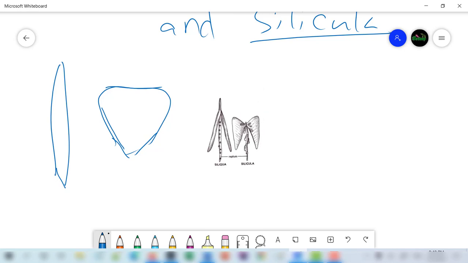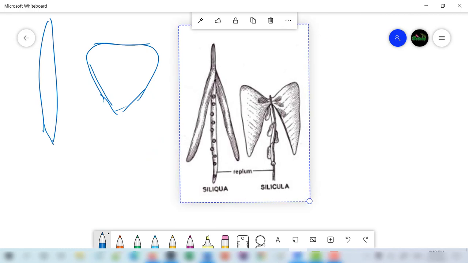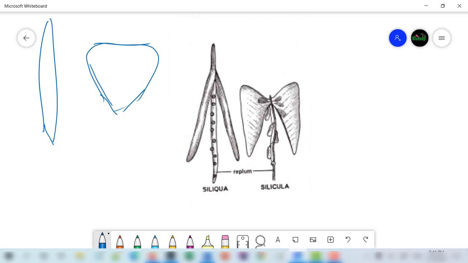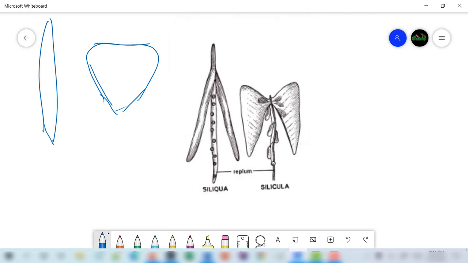So here is the diagram of the two fruits. As you can see, we have siliqua on the left and silicula on the right. Both of these fruits form from a bicarpillary syncarpous ovary, which is unilocular in the beginning but becomes bilocular due to this partition, the septum, which forms later and divides the fruit into two chambers.